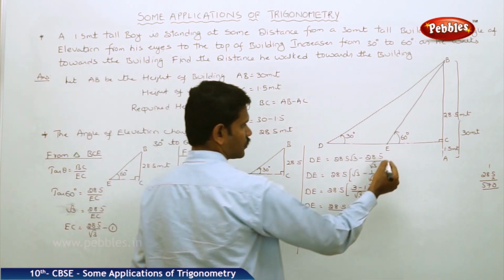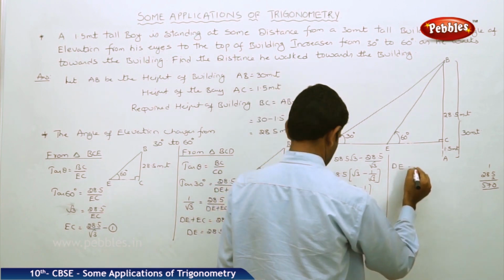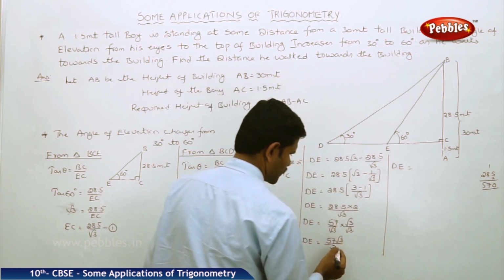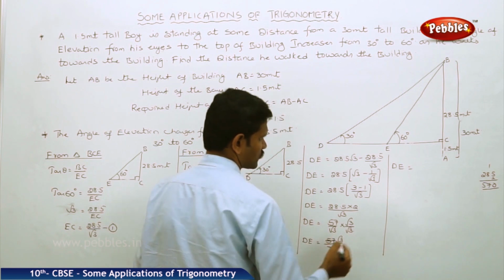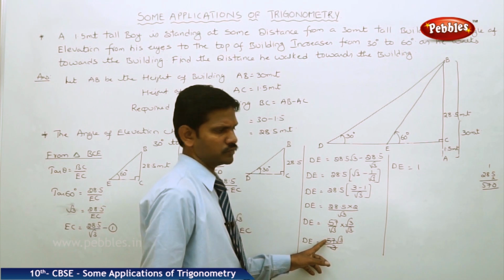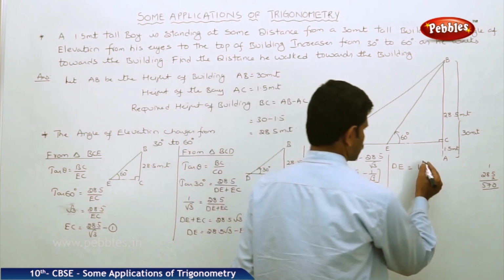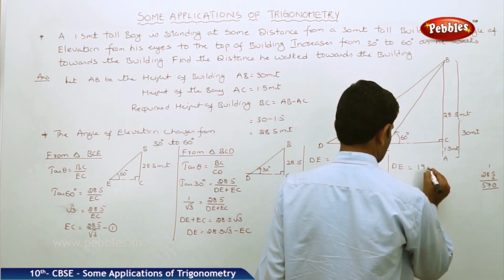Now DE is equal to 57 divided by 3. 3 ones are 3, remainder is 2, 27, 3 nines are 27, so 19 root 3.